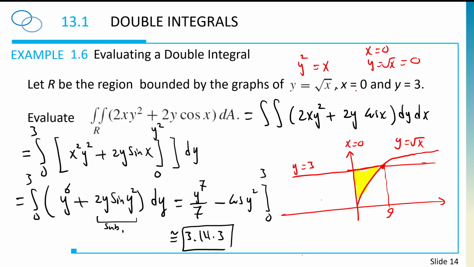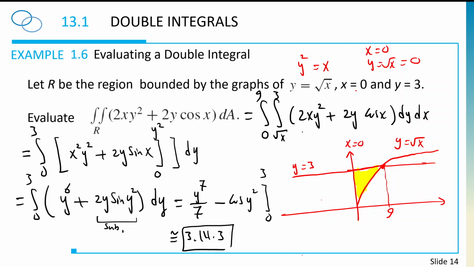Which one do you start with? 3 is higher, so I'll start with radical x down and 3 up. And then I'll move to x. What are the values for x? I have x equals 0, right? And x equals 9. We saw if y equals 3, then x equals 9. So x goes from 0 to 9.